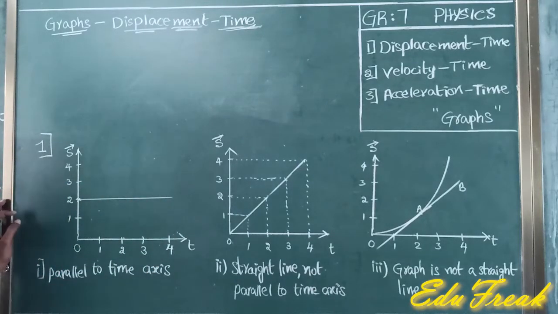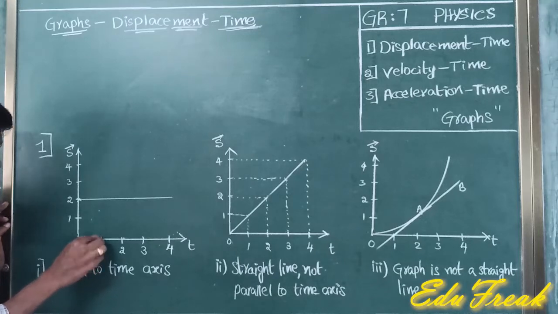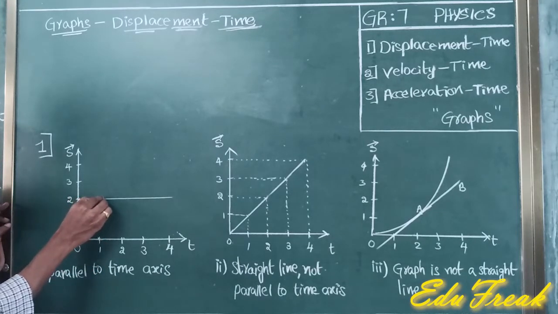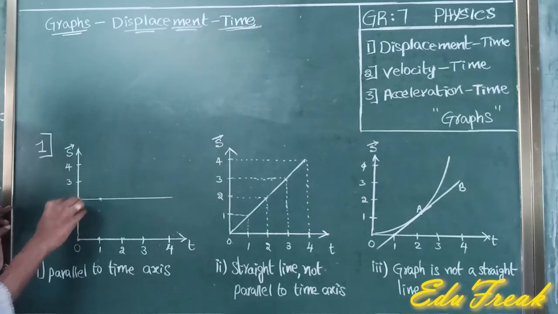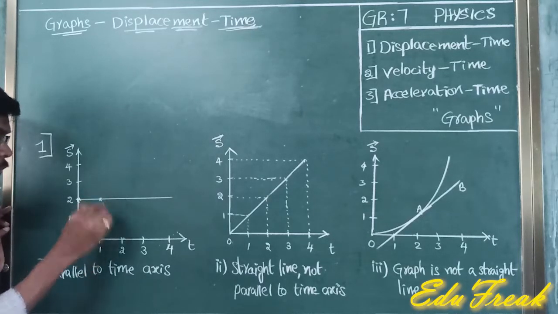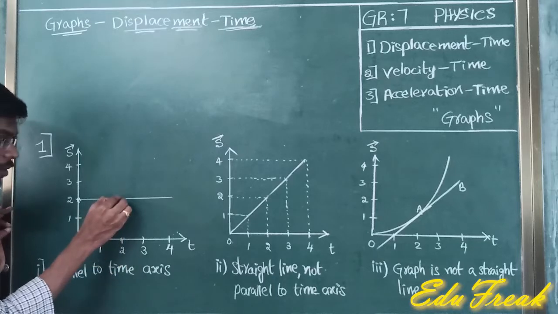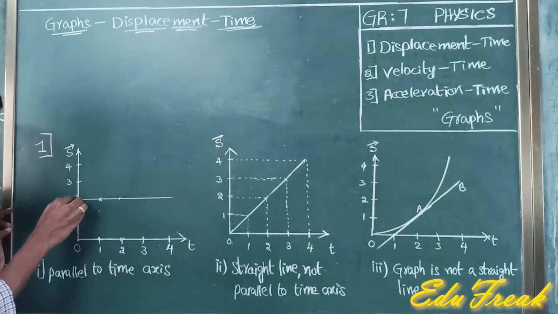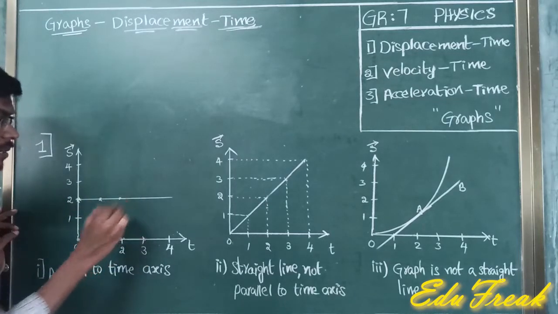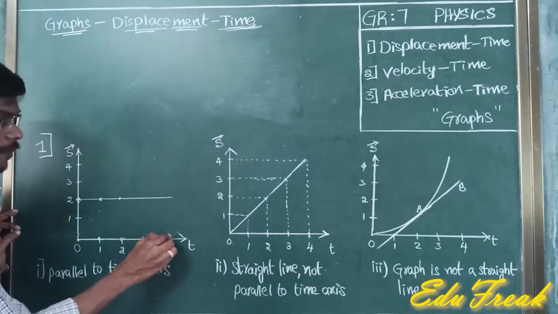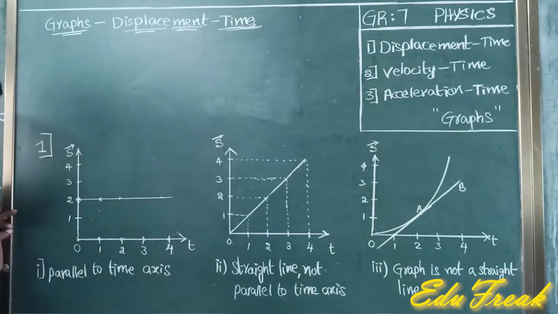This represents what? At 0 seconds the displacement is 2 meters, at 1 second also 2 meters, at 2 seconds also there is no change in the position of the object. It is at 2 meters only. At 3 seconds it is at 2, and at 4 seconds also it is at 2.